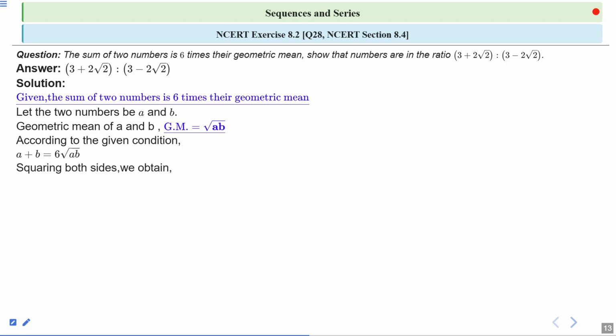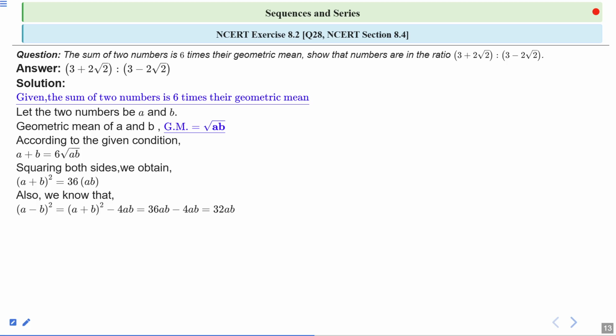Squaring both sides, we obtain (a plus b) whole square is 36 ab. Also we know the identity (a minus b) whole square equals (a plus b) whole square minus 4ab. Now put the value of (a plus b) whole square, that is 36 ab.